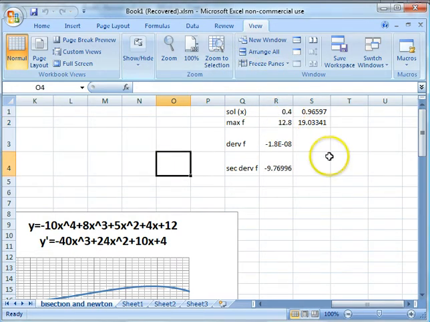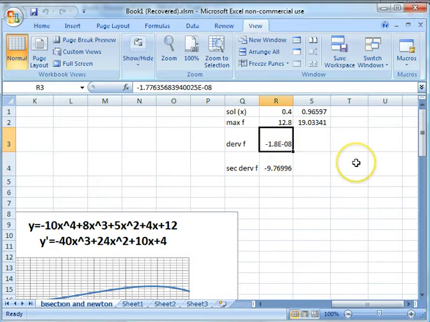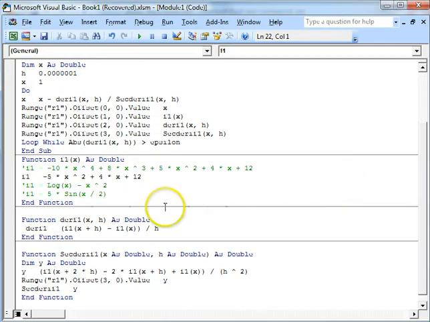And as we expected, as we mentioned before, the maximum is at 0.4, that's 4 over 10. The maximum value of the function is 12.8, and again the derivative is 0 or close to 0. And I can do this for other types of functions that are more difficult to solve analytically.